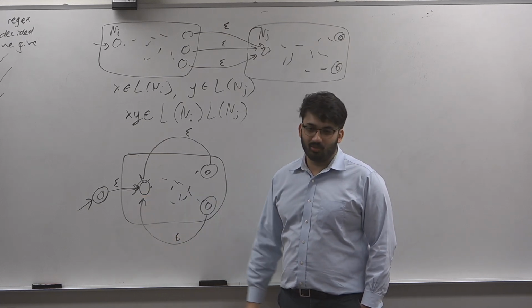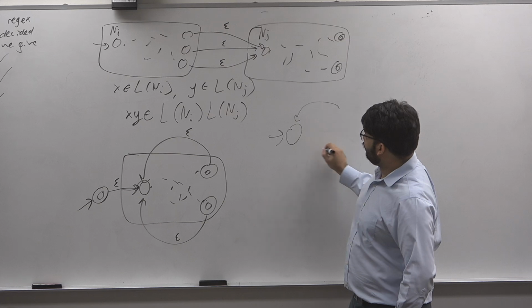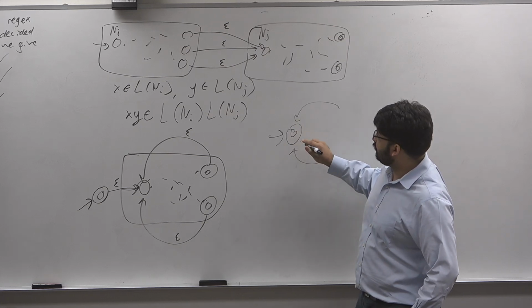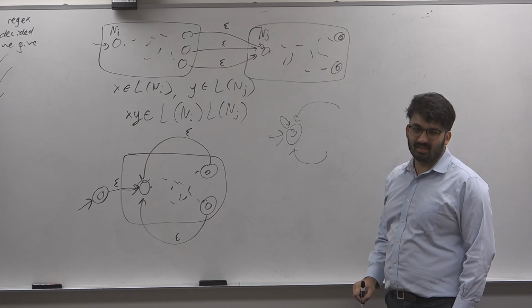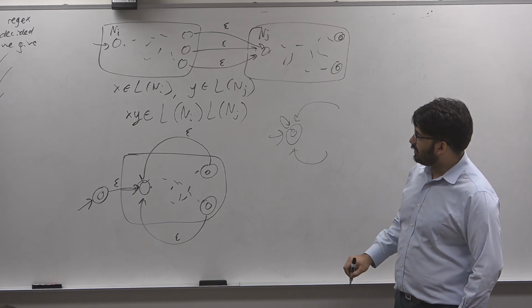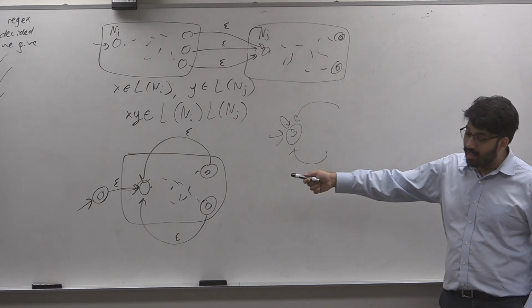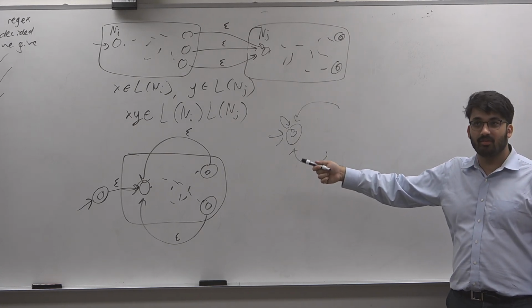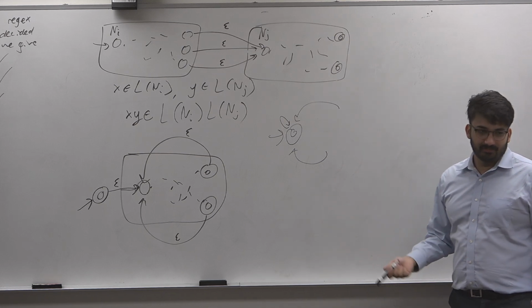Well, what if there was a self loop here? You might accept a string you didn't anticipate. Something like this. It's an easy exercise, but at least we can say that this definitely works, even if I don't know why the simpler thing doesn't work.